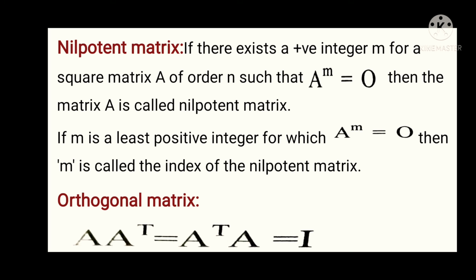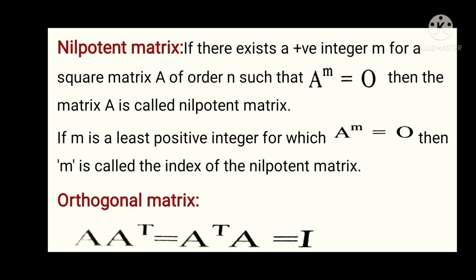so we have to solve it. Coming to the nilpotent matrix, if a matrix satisfies A power m equal to 0, then the matrix is said to be a nilpotent matrix, where m is the least positive integer. For example, in the exam they will give the matrix A and ask for the index of the matrix.